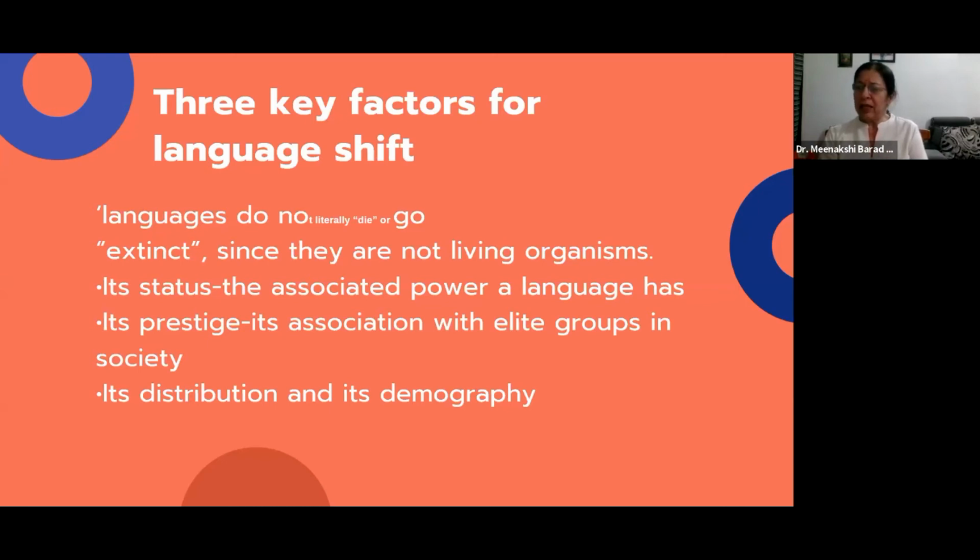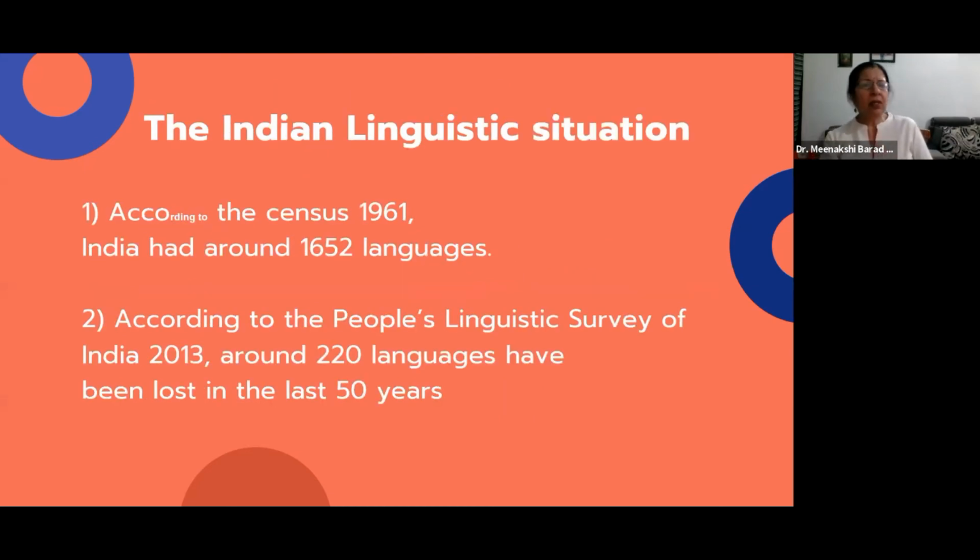We can say that there are three key factors in a language being replaced by another on this level. First is the status, the power a language has, its prestige, its association with the elite groups in society, and its distribution and its demography.